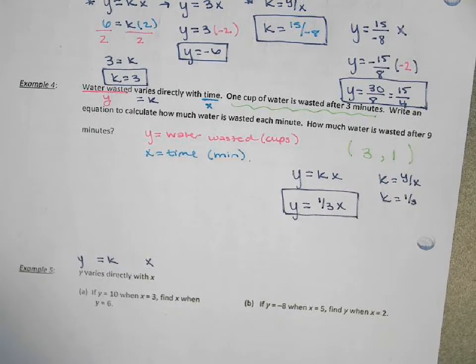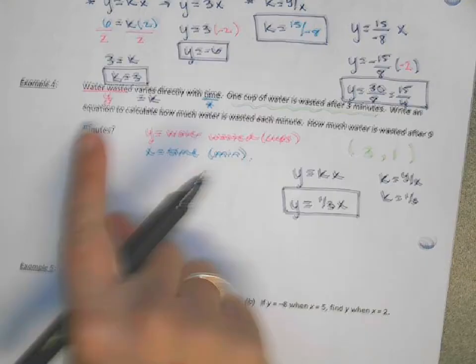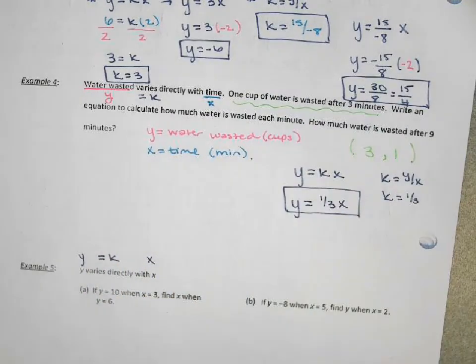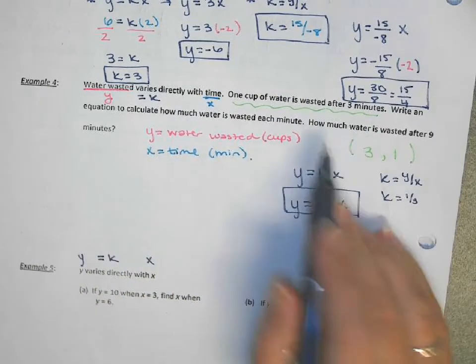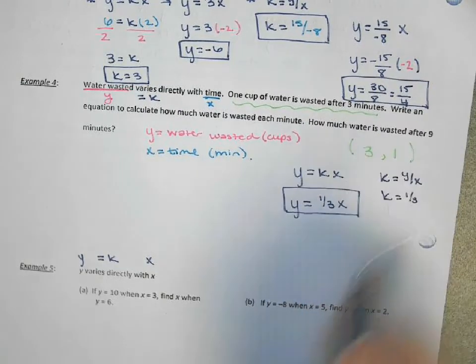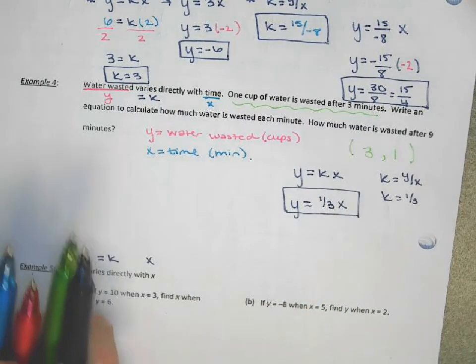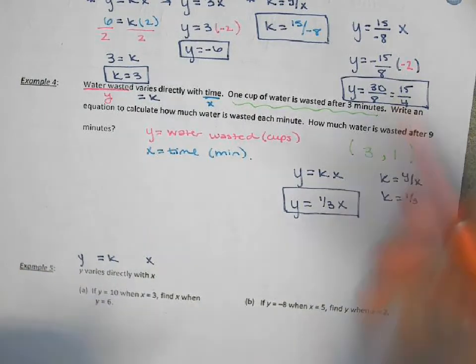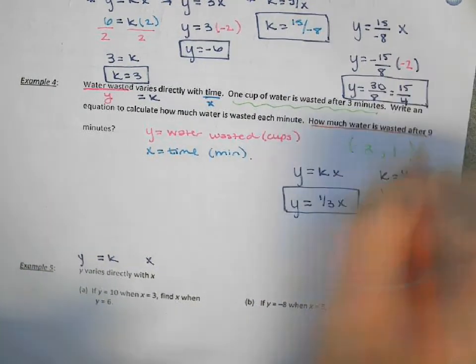So we're doing this the exact same way we did for example 3. Okay, then it says, that's writing an equation to calculate how much water is wasted after each minute. Sure, we did that. How much water is wasted after 9 minutes? Okay, let me find a different color here. Here's orange. How much water is wasted after 9 minutes?